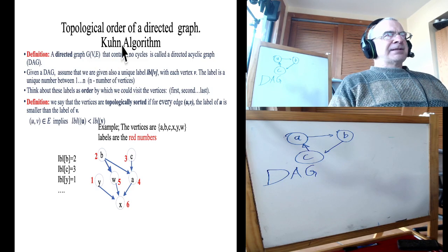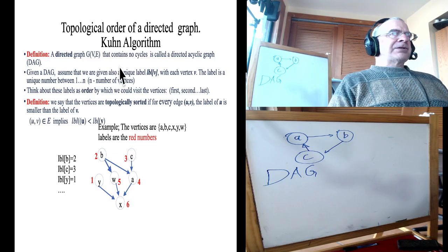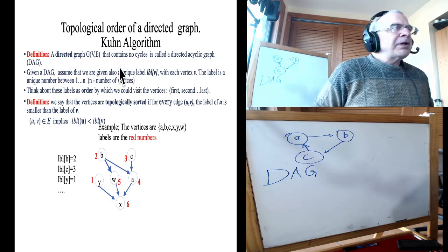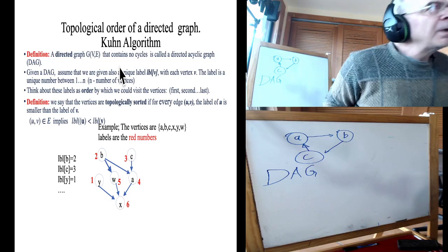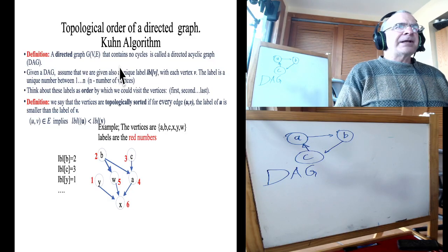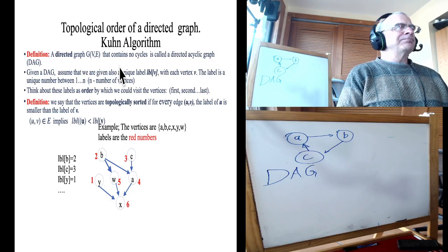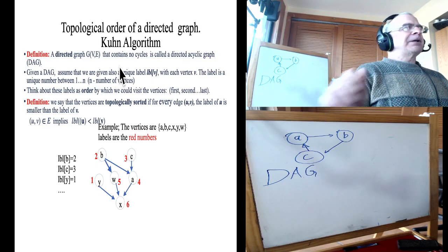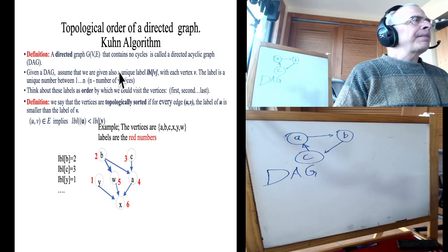Instead, it contains topological order as a result of the DFS algorithm. Since I'm not talking about DFS in this course, we will cover Kahn's algorithm directly. I also think that conceptually it's much nicer, much easier to understand.